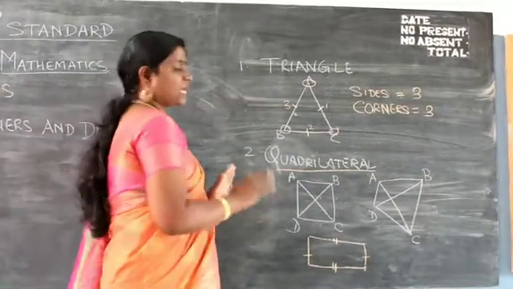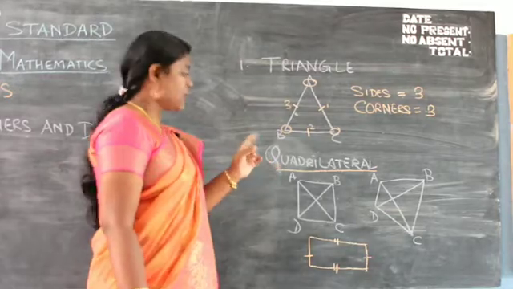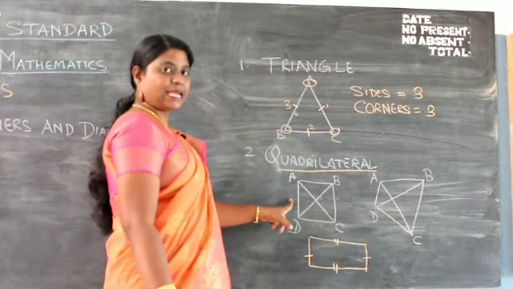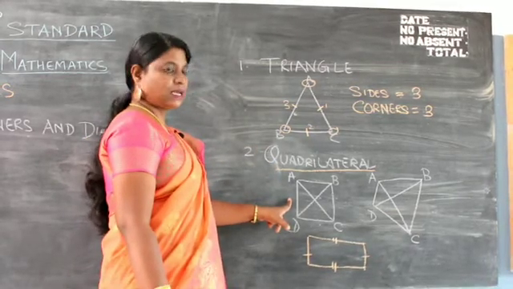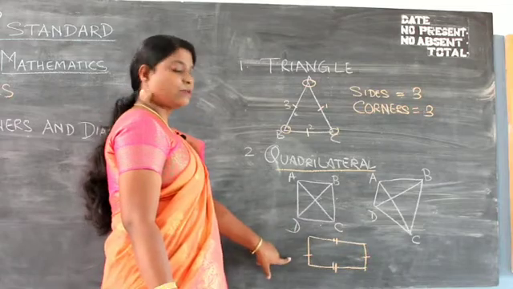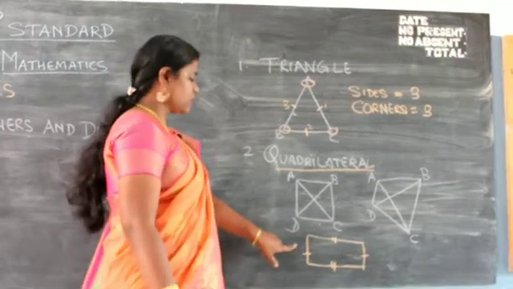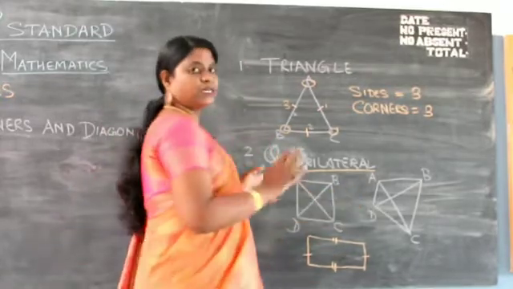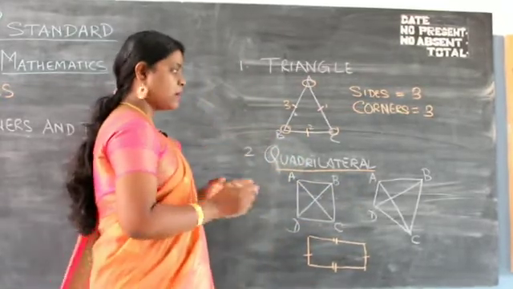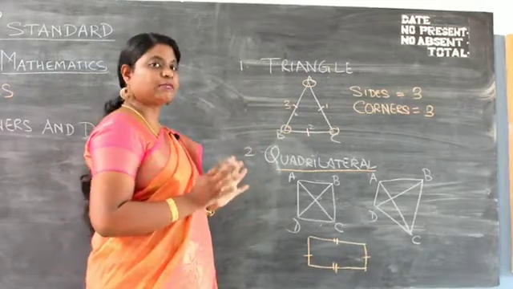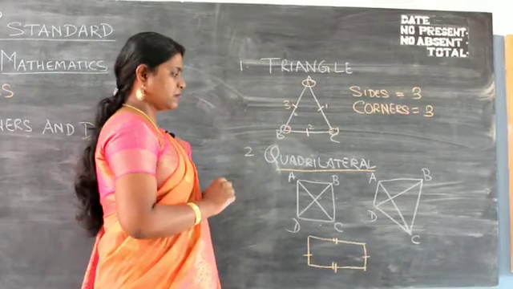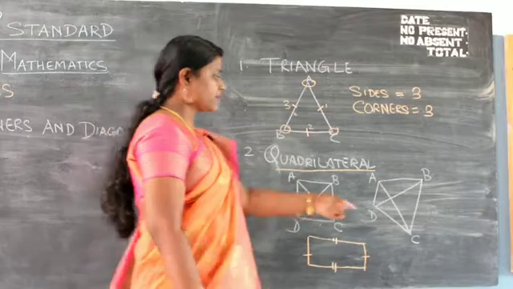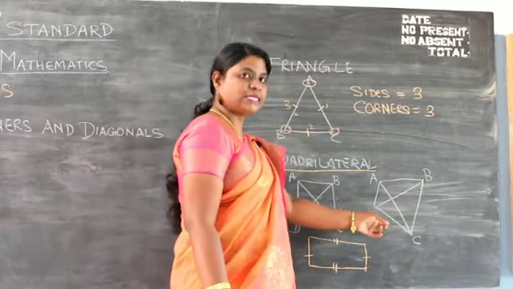So anything that has four sides is called a quadrilateral, and the one which has the same equal sides is a square, and the one which has two opposite sides equal is a rectangle. And this is another quadrilateral which is not a parallelogram and which does not have even same sizes. It is a totally different figure, right? You wouldn't have seen this before. So you can see this and you can learn.